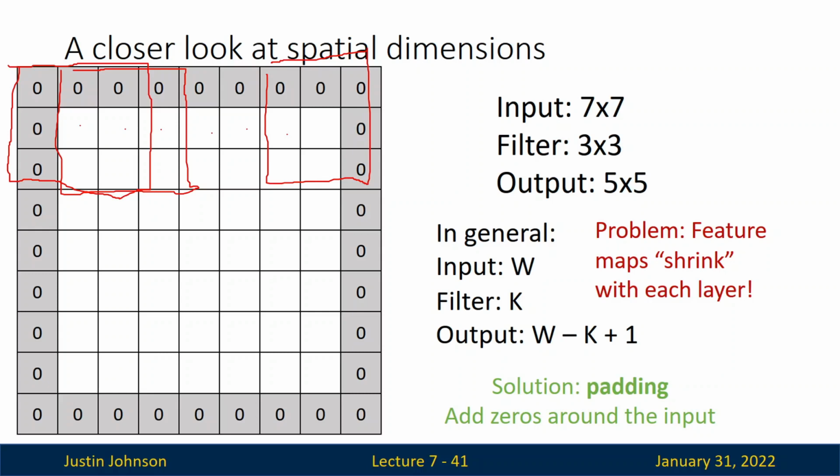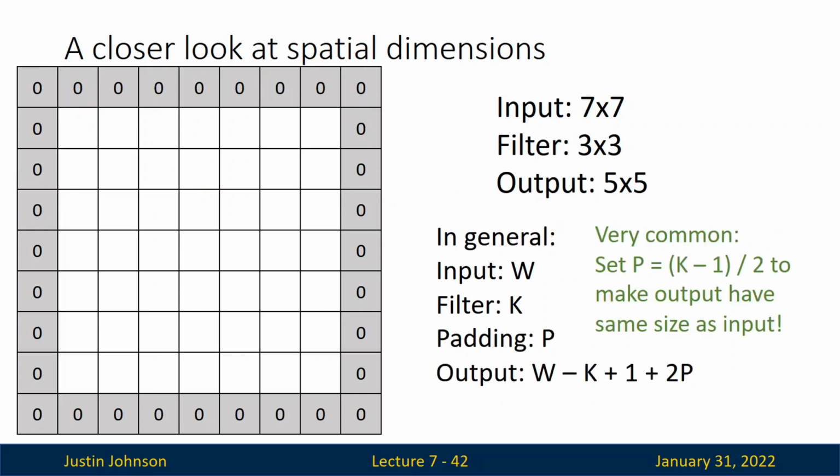So the width is still 7. It doesn't shrink. Okay, so very common. Many people set the padding, meaning the extra pixels, as k minus 1 divided by 2, so that it will preserve the output size.